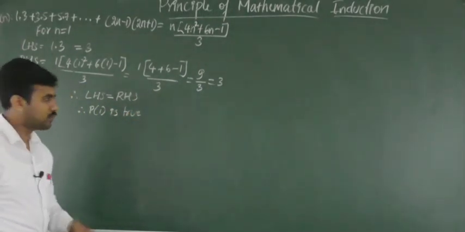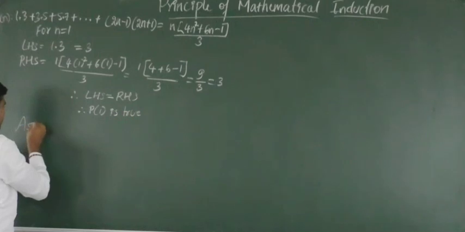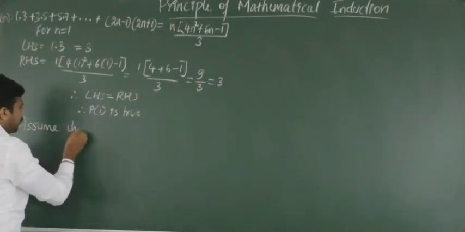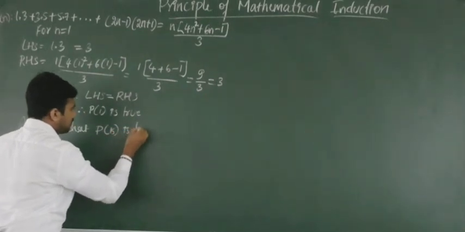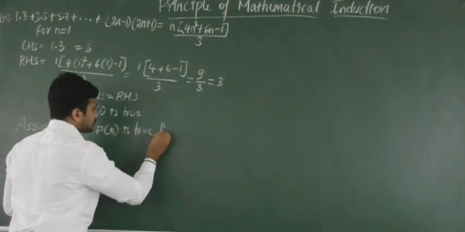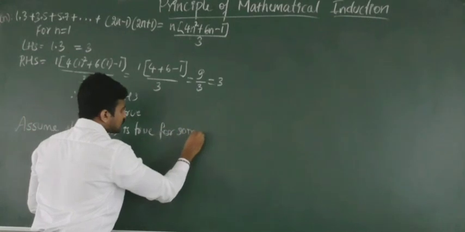Next, we have to assume that P of k is true for some natural number k.